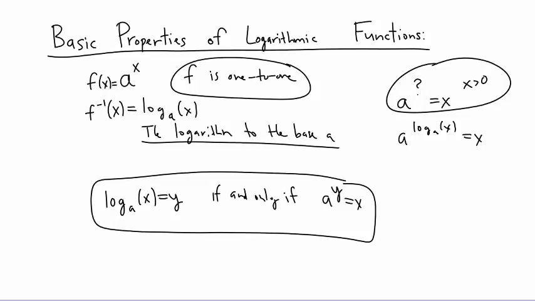The output of the exponential function is always positive. So for positive x and any a, we want to find the number such that when a is raised to that number, we get x. And that's exactly what the log base a of x does.